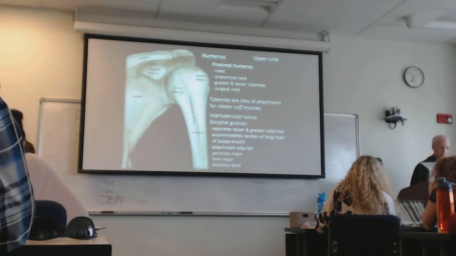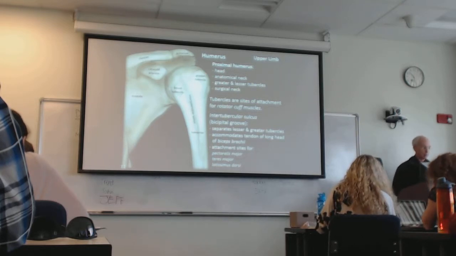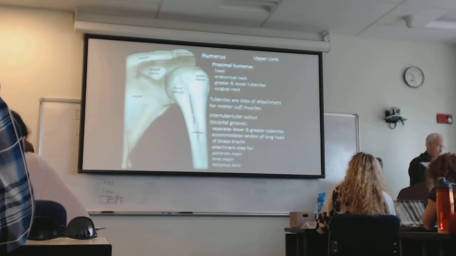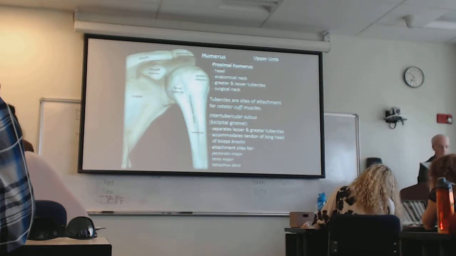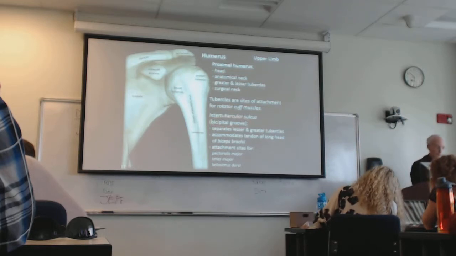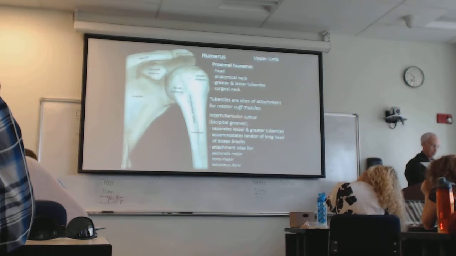So we see here the illustration that we looked at before. We can see the two tubercles. Now note that this structure in the middle here, this little furrow or sulcus, is labeled the intertubercular sulcus. It's also called the bicipital groove, and it accommodates the long head of the biceps tendon.